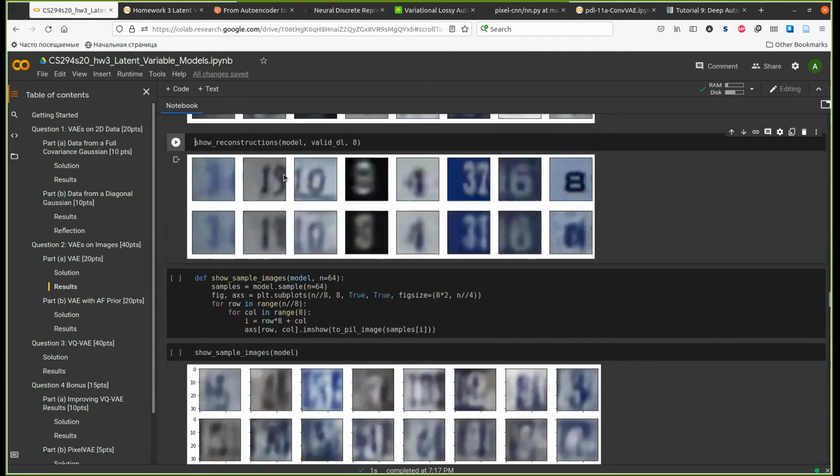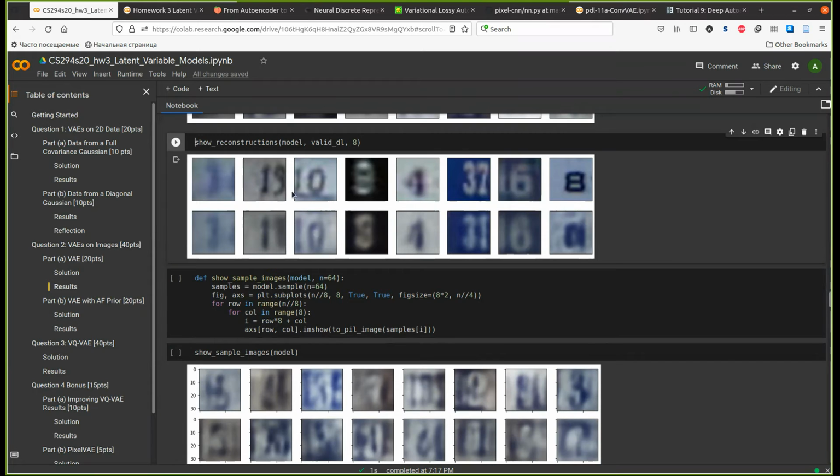Sometimes you can see that here the one is probably well distinguishable, but the other number is blurred out, maybe because it is not in focus.